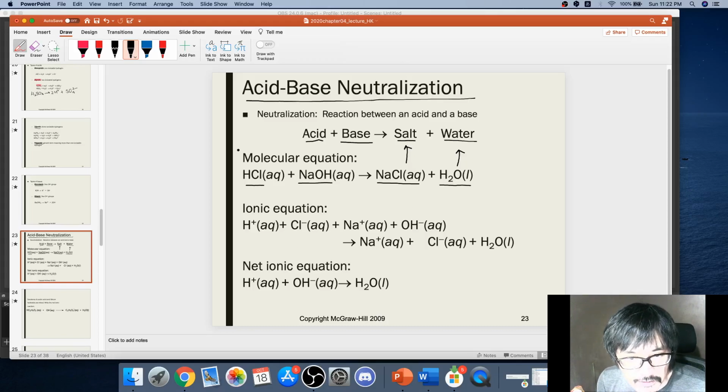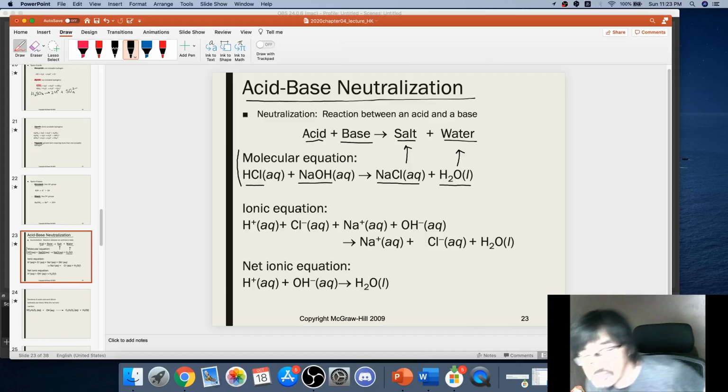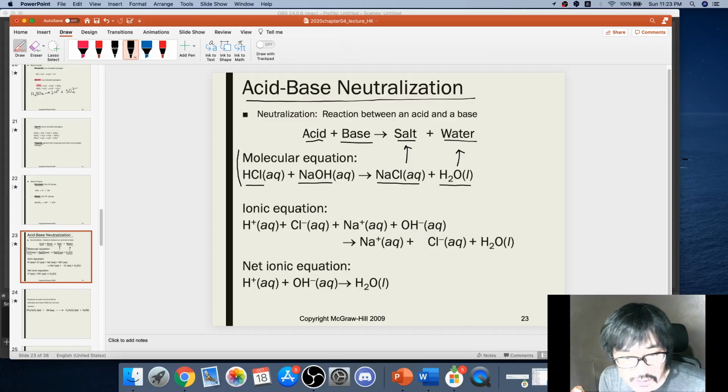And if I write this reaction in a different way, you can write it mimicking what's happening in the solution. So HCl, as soon as you put it into the water, becomes H plus and Cl minus, right?